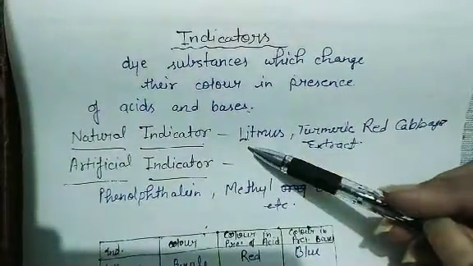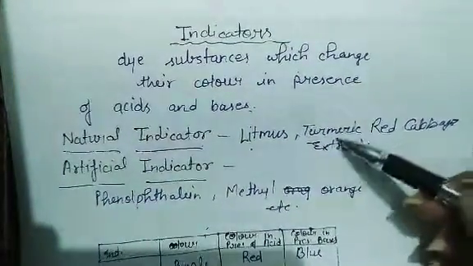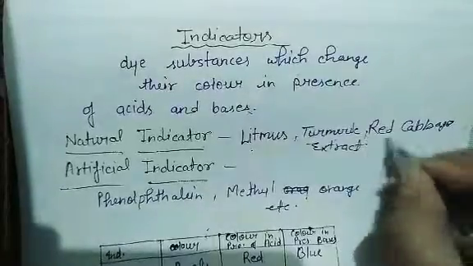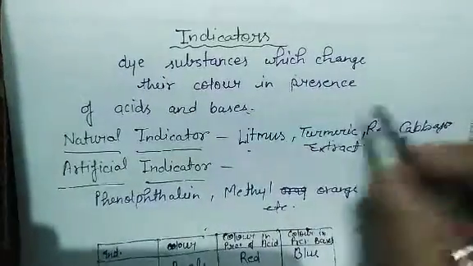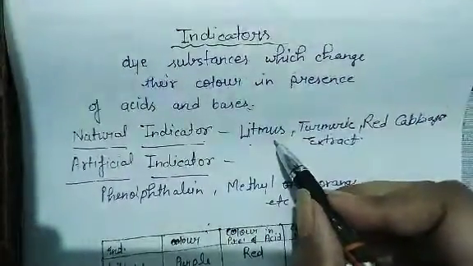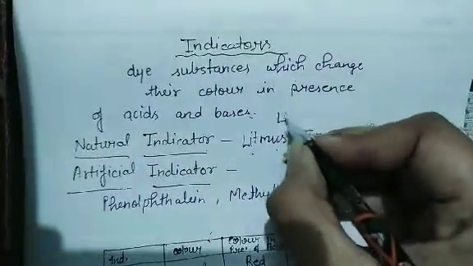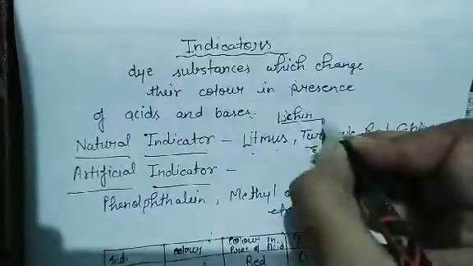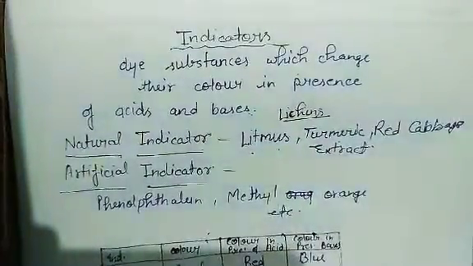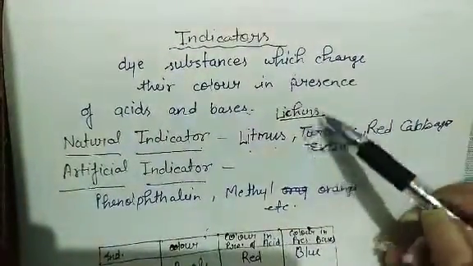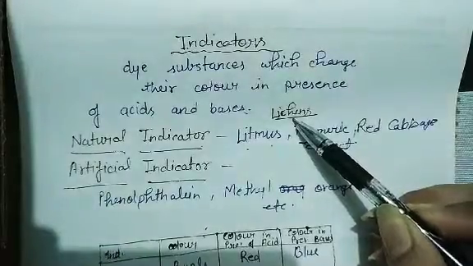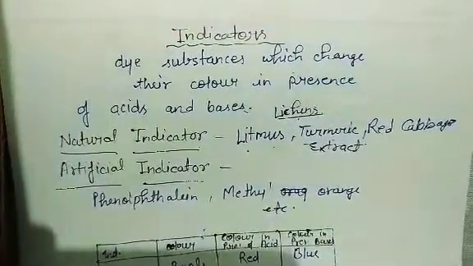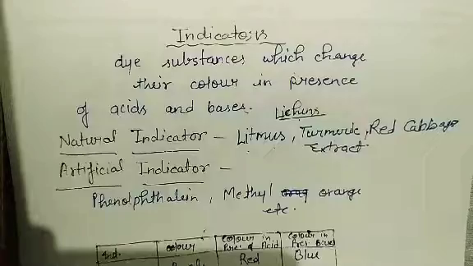In the natural indicators category we have litmus, turmeric, red cabbage extract, etc. Litmus is basically extracted from lichens. You all must have read about lichens in your biology section. Lichens are a primitive type of plants, or you can say a symbiotic association of algae and fungi.